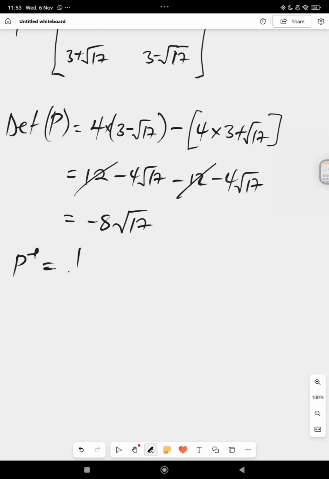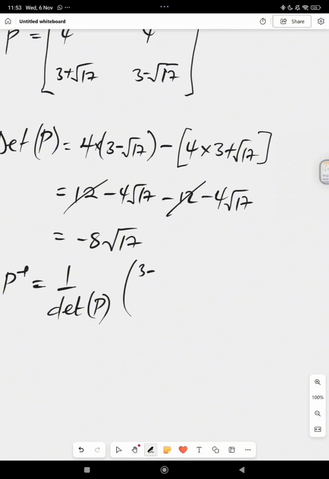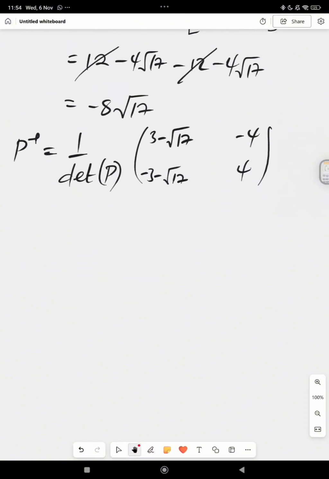P inverse is given by 1 over the determinant of P multiplied by the adjoint: 3 minus square root of 17, 4, then minus 3 minus square root of 17, and minus 4. So 1 over minus 8 root 17 becomes square root of 17 over minus 8 times 17, which is 136.